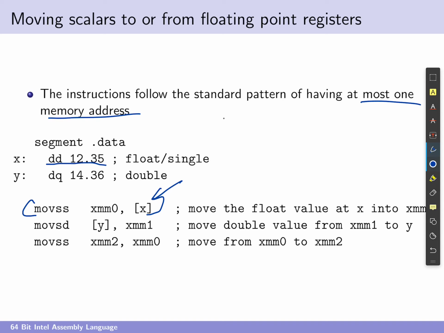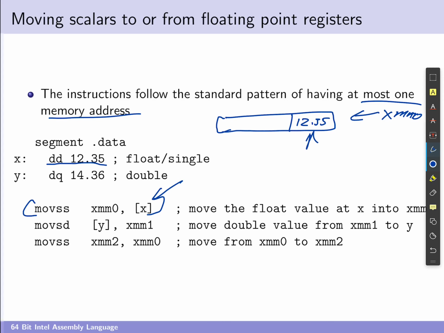Once again, if this is my XMM0 register and I'm loading in this value, it is going to go into the bottom 32 bits. So the bottom 32 bits of XMM0 are going to represent 12.35, obviously in the IEEE floating point standard format.